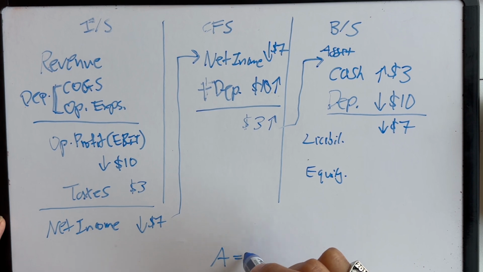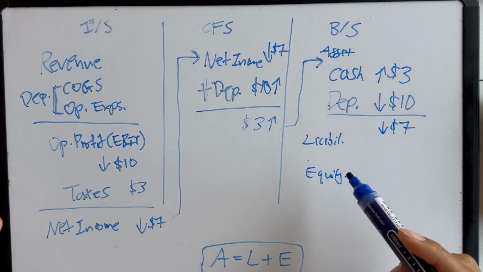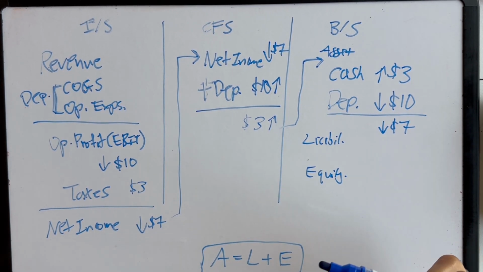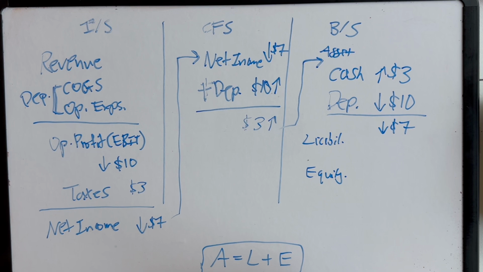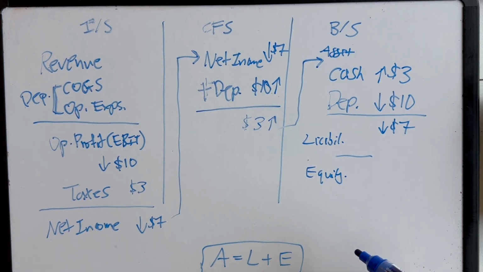Remember, assets equals liabilities plus equity. Fundamental equation of accounting, right? So on the liability side, nothing's really changing here. The company didn't borrow money, they didn't pay off any debt or anything like that. So we can just skip that part and then move on down to the equity portion of the balance sheet. So how do we account for this?